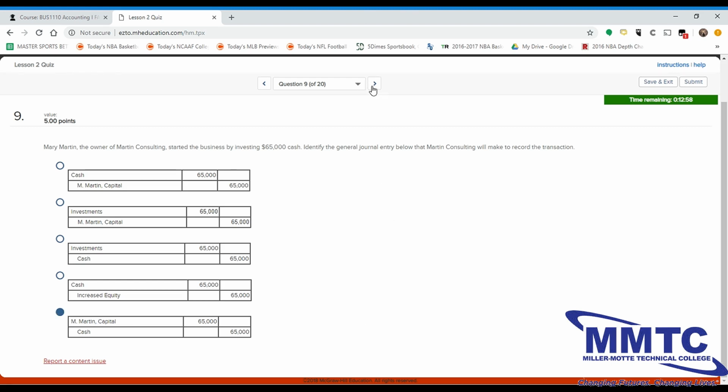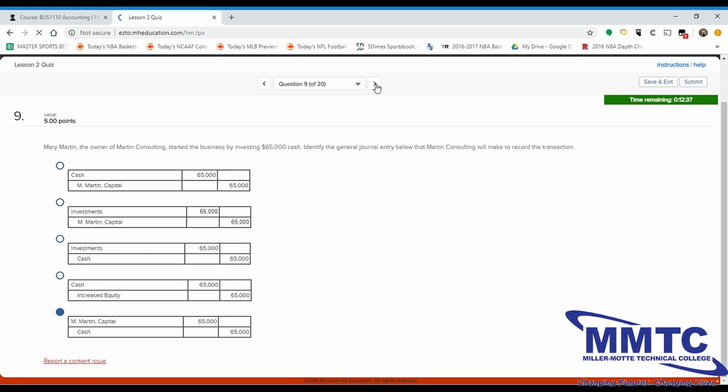Somebody walked in the office and said, here you go, $65,000. Your manager says, record that cash to the general ledger. The general ledger is the place that the journal entries go. So you would make a journal entry recording that $65,000. What account are we gonna debit? Cash.